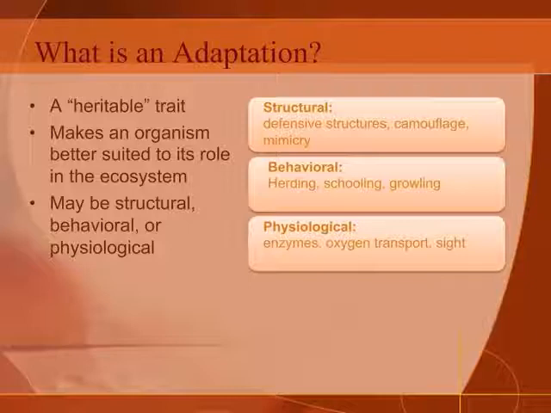These are traits that can be passed from parent to offspring. Also record that adaptations make an organism better suited to its role in the ecosystem. And finally, record that adaptations may be structural, behavioral, or physiological.